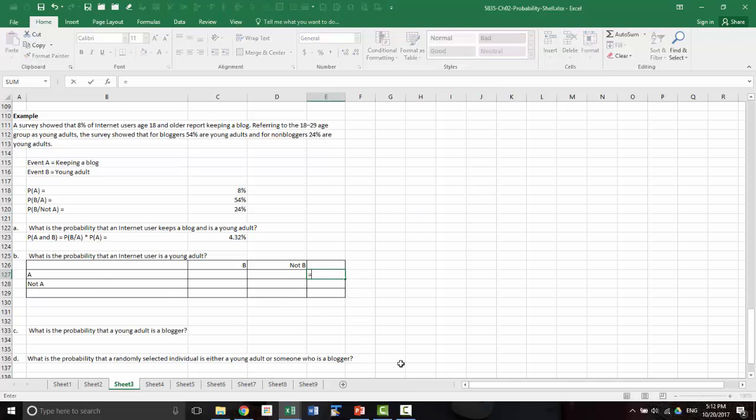So that would be 8% probability of A. Which means probability of not A, the total has to be 100%, so this will be 100% minus that, which is 92%.